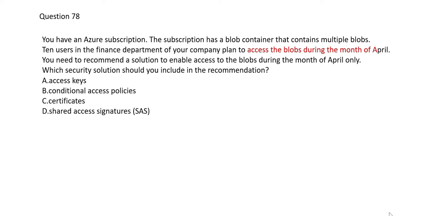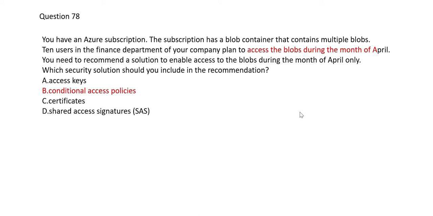See, access keys we use if we want to access the storage via key. In this question, we do not need to use an access key. So conditional access policy, like I explained before, is an if-then kind of thing. Suppose you have a web app and you are accessing this in Europe.